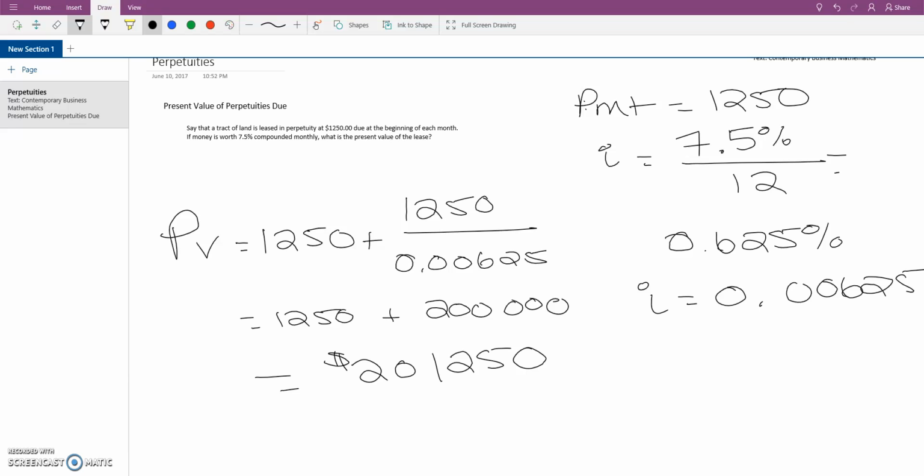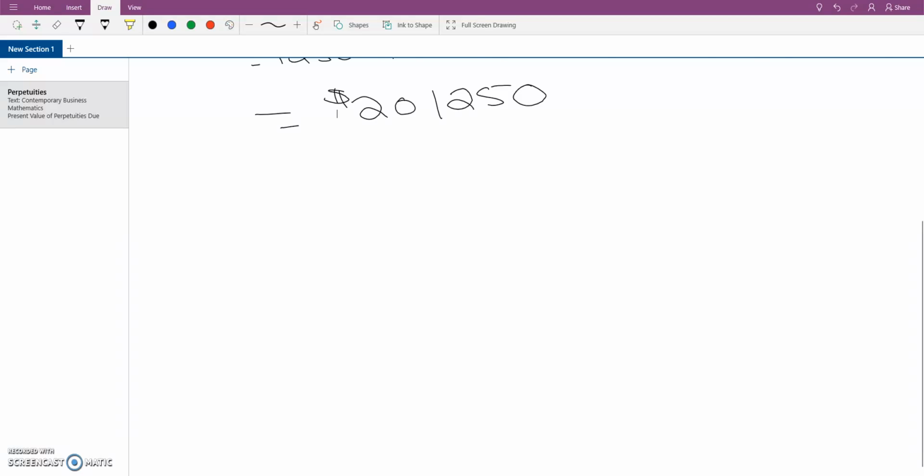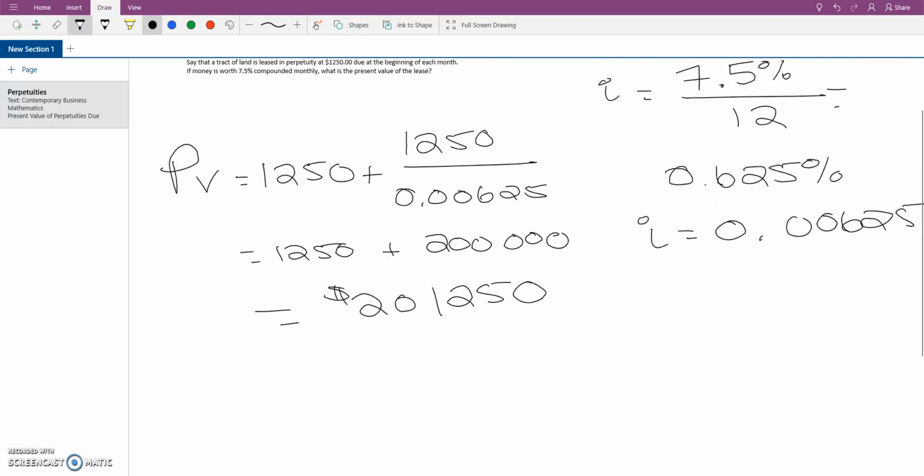Okay, so now that we have that information, and remember, this is your first focal payment. This is where it all starts, and this is where it continues.